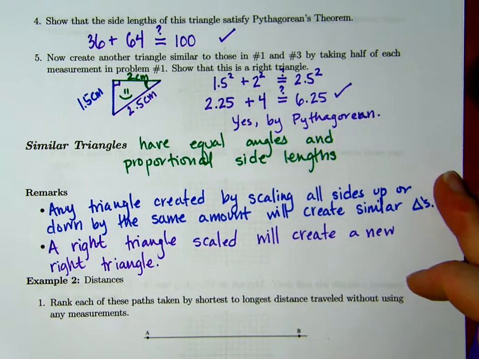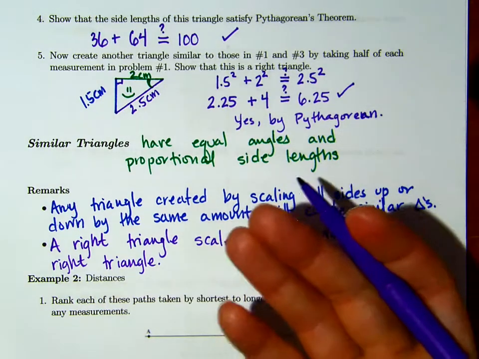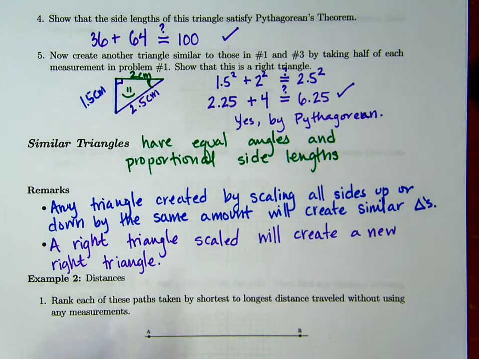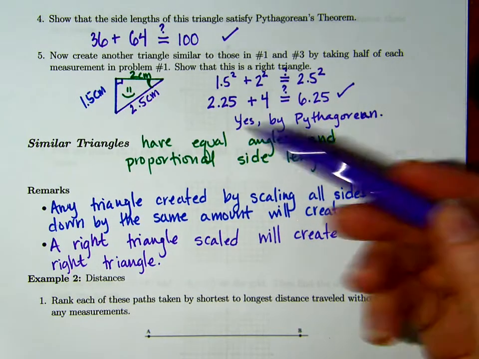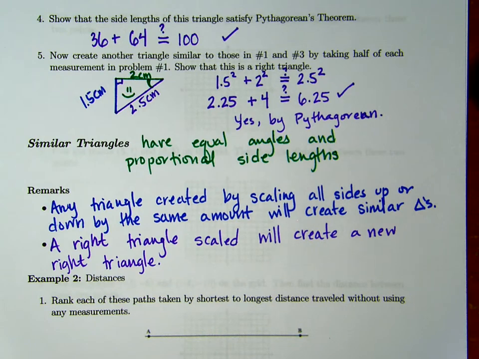So when we verified one and then saw that the others were proportional to it, we really didn't have to check it, but it's nice that we could check it and verify that this is really happening.